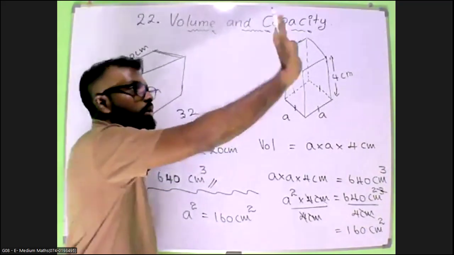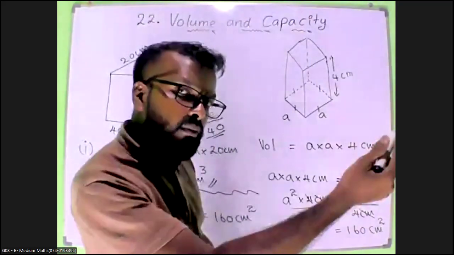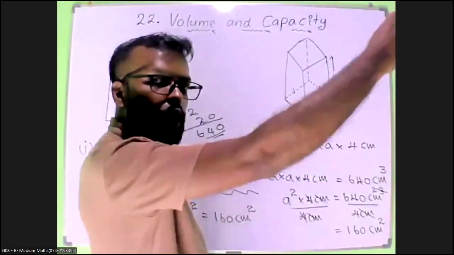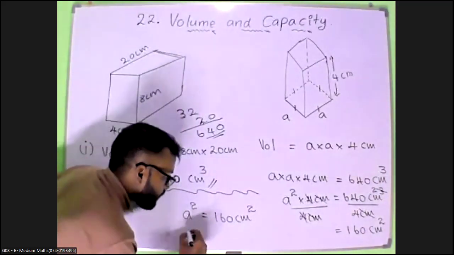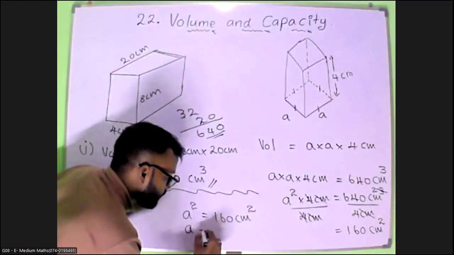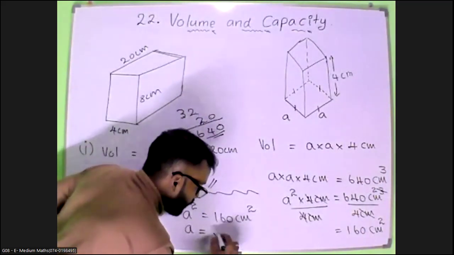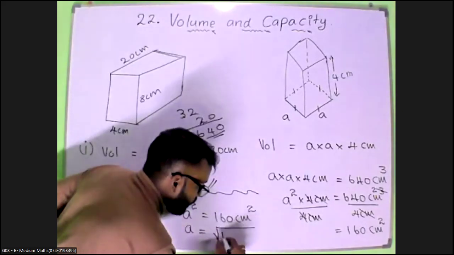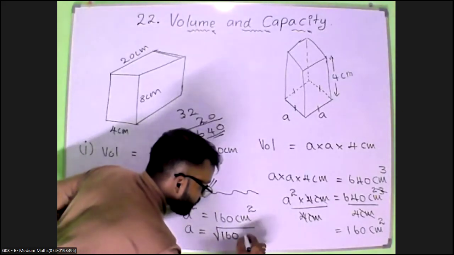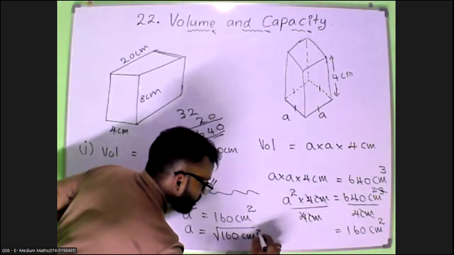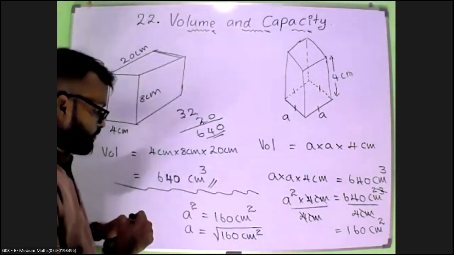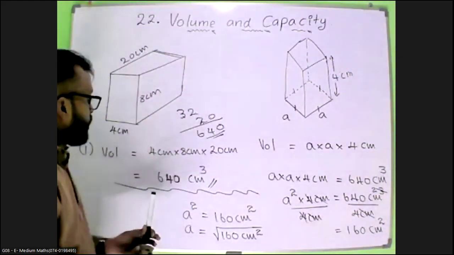When it goes to your right hand side, what would it become? The square root. A equals square root of 160 square centimeters.